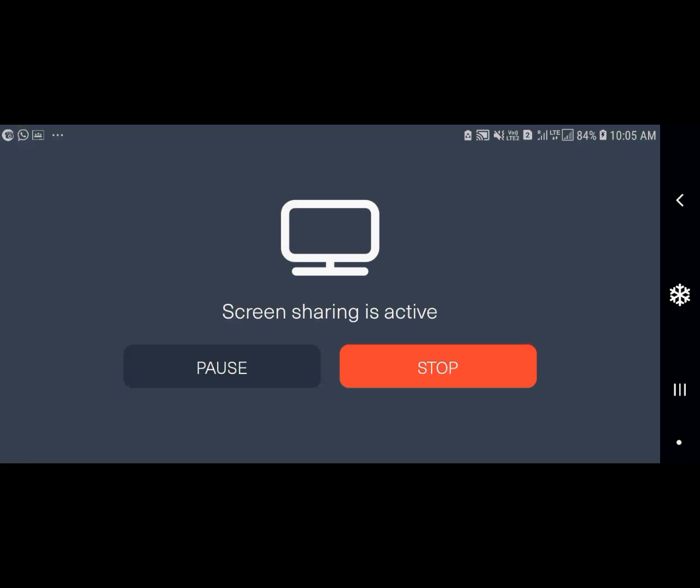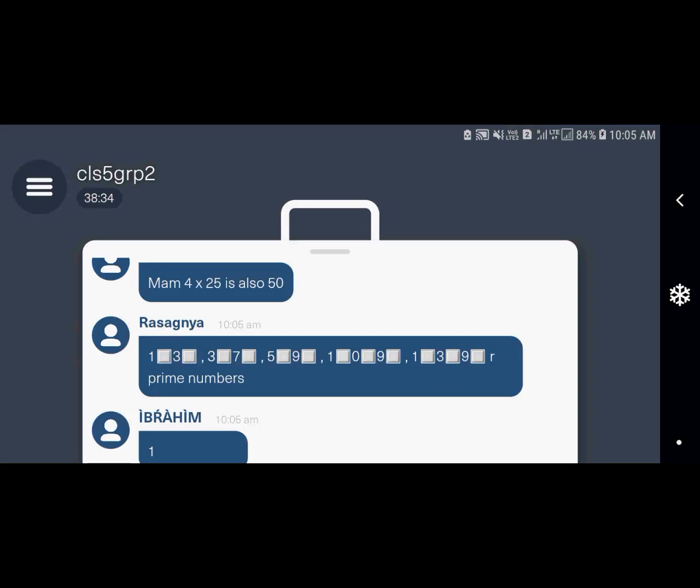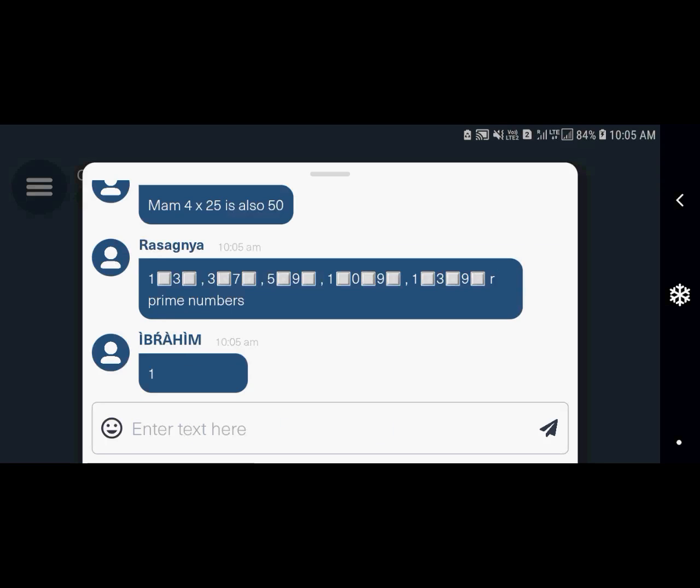So it is not a prime number, because yesterday we did the sieve of Eratosthenes up to 100. So here only 4 numbers are more than 100. Only those numbers you can observe and quickly find out. Others, please share your answers in the chat box. Very good, Rasagnya.